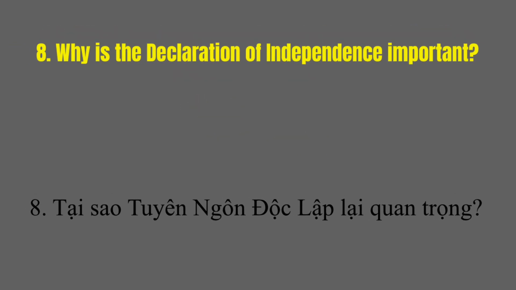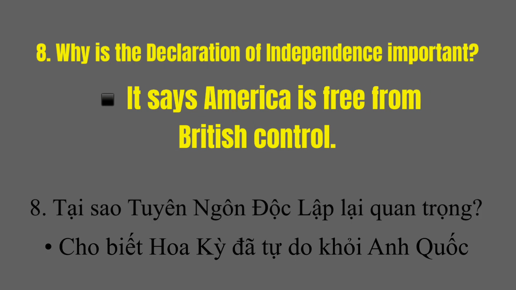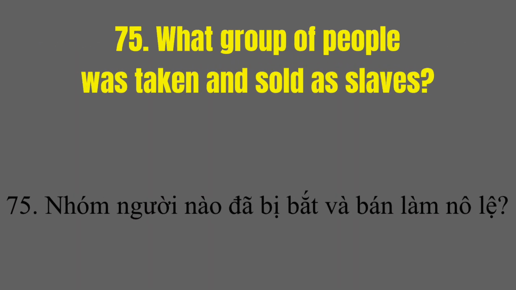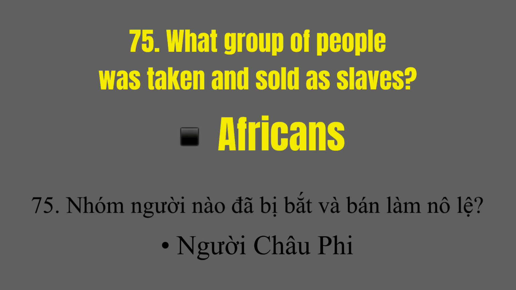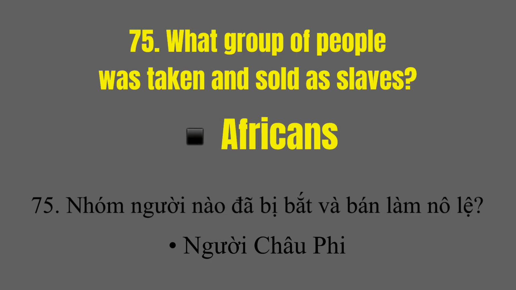Why is the Declaration of Independence important? It says America is free from British control. What group of people was taken and sold as slaves? Africans.